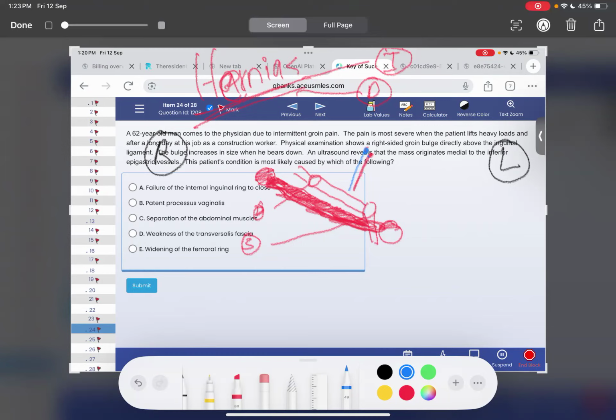It fits in 80 to 90% of cases. Now your spermatic cord goes like this, through the deep inguinal ring and the superficial inguinal ring, and the inferior epigastric vessels. Now I've got the point. This is your femoral vein, femoral artery, and the nerve.